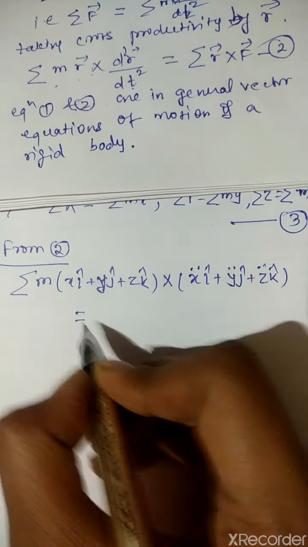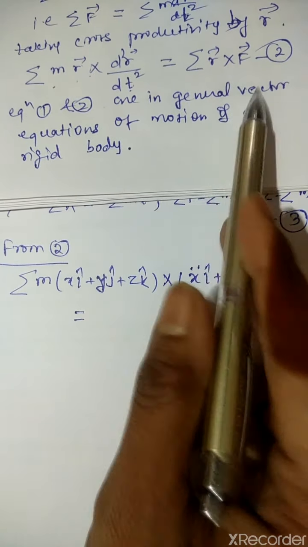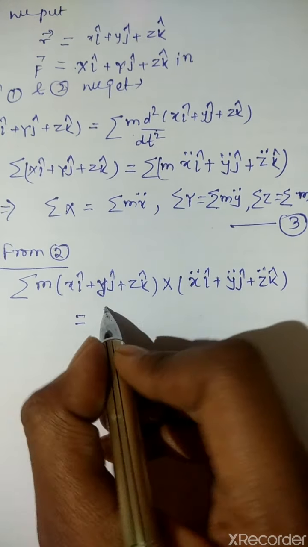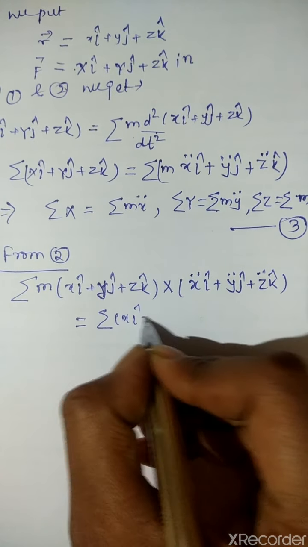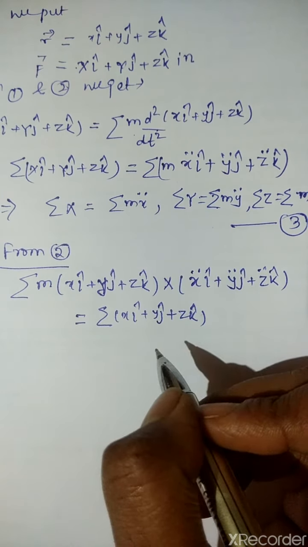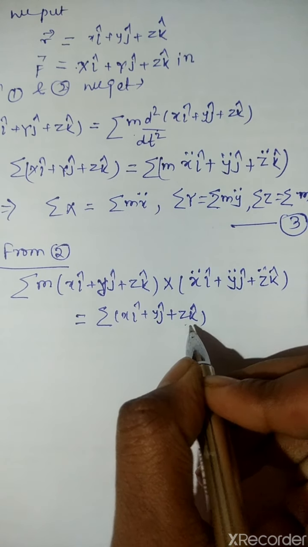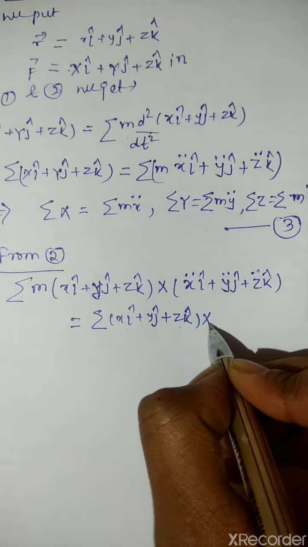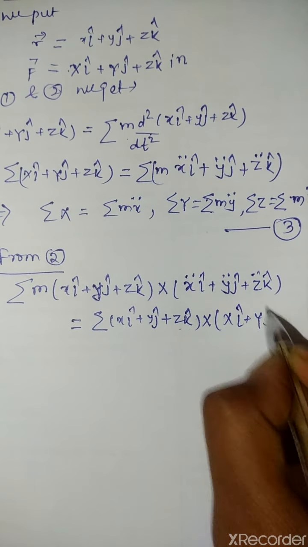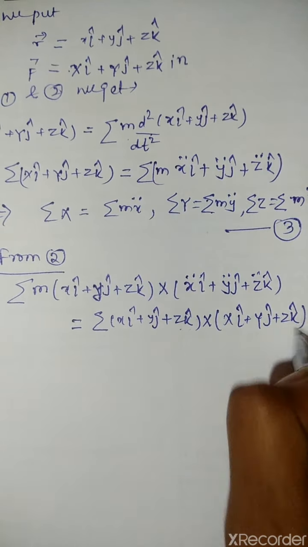Equal to, on the right hand side, r cross F. So r cross F, we have sigma (x i + y j + z k) into the cross product with F, so we have F_x capital X i, capital Y j, capital Z k.